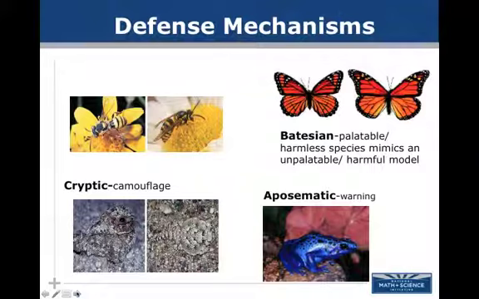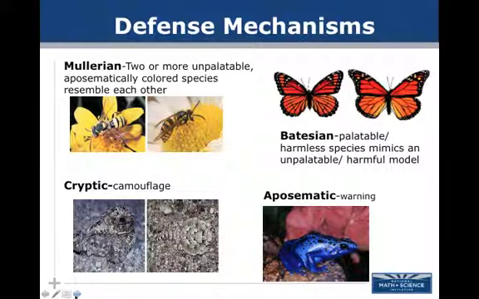This is Batesian mimicry, where a palatable organism, which is a harmless species, mimics an unpalatable or harmful organism. And that's what we're showing you here with the butterflies and the bees. And so these are the defense mechanisms that these organisms use to survive in nature.